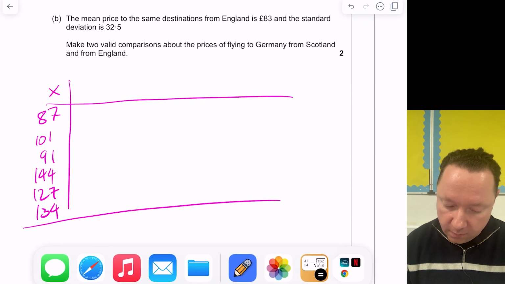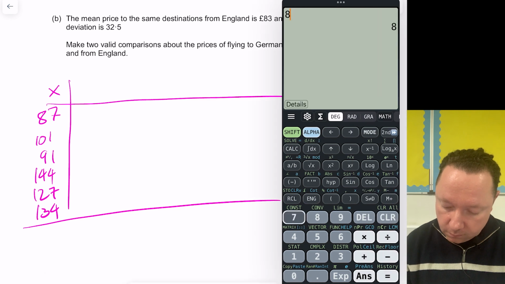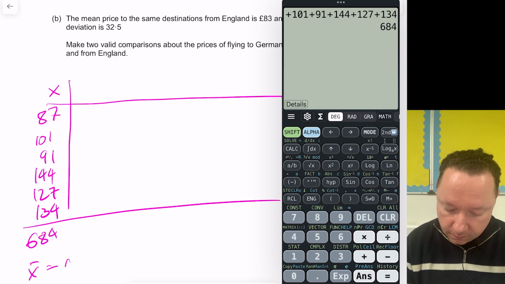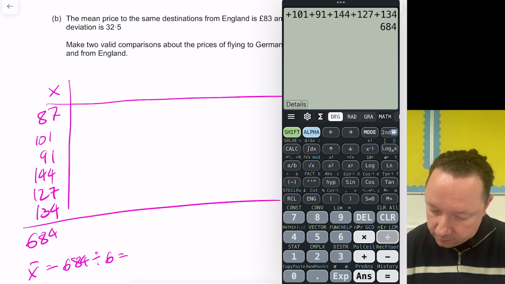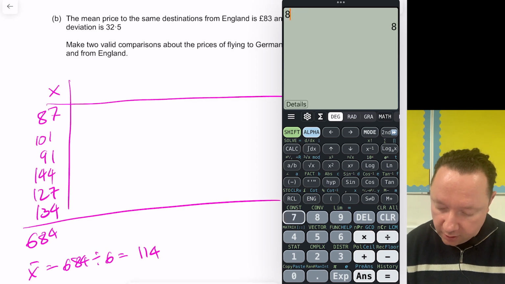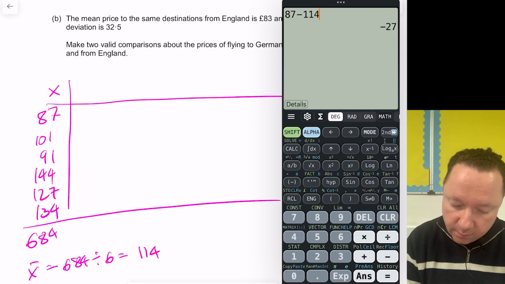So we add all of them up. That gives me 684. So my mean is 684 divided by 6, which is 114. So I take 114 away from each of the numbers in the middle. That's minus 27.